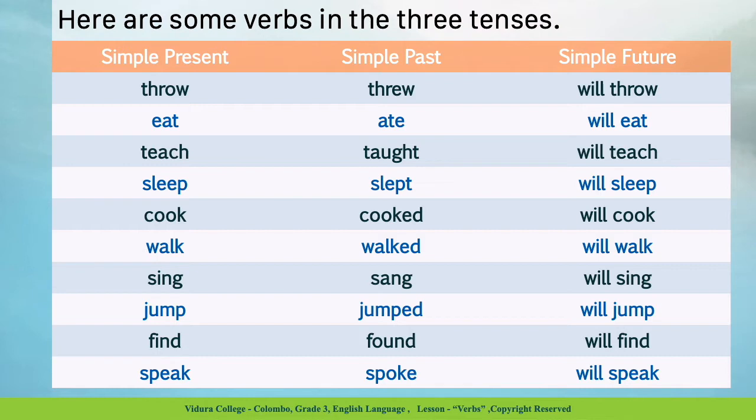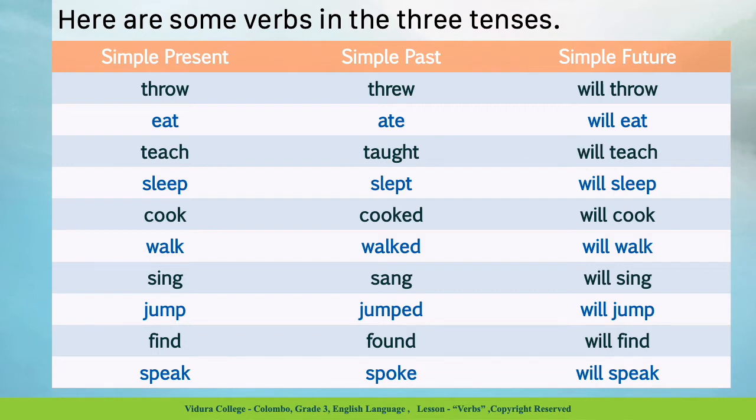Then simple future tense verb is will throw. Next, simple present tense verb is eat. Then the simple past tense verb is ate. And simple future tense verb is will eat.